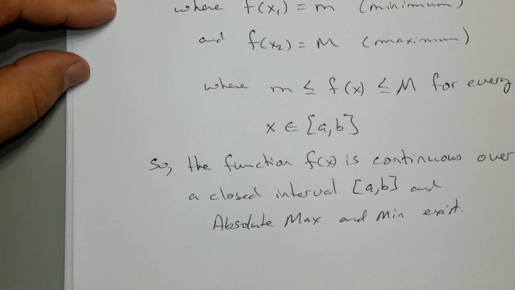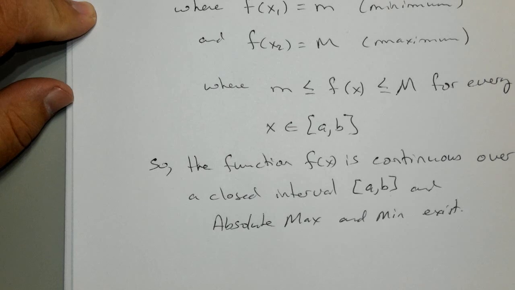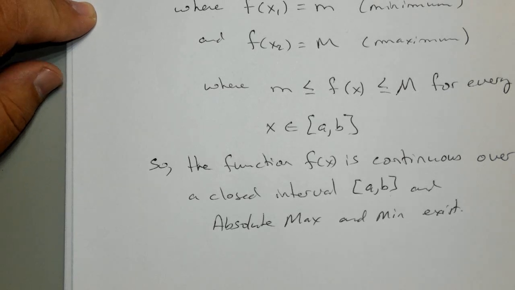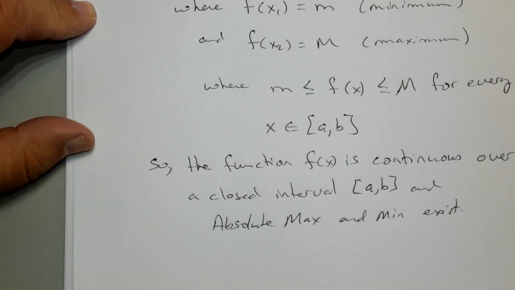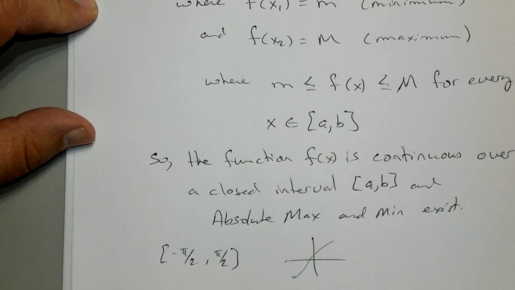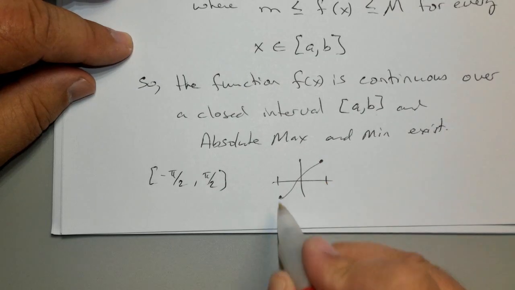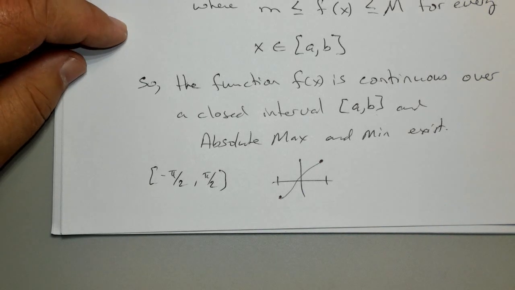Why does it have to be in a closed interval? Exactly. Because a perfect example is a sine function. Because it's in a closed interval, negative pi over 2 to pi over 2, the extrema points could be at the endpoints.